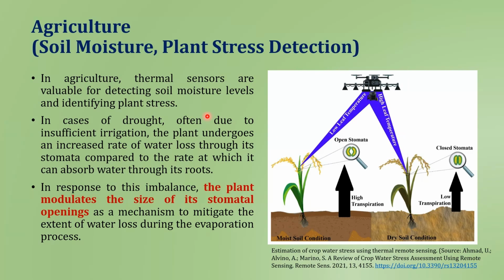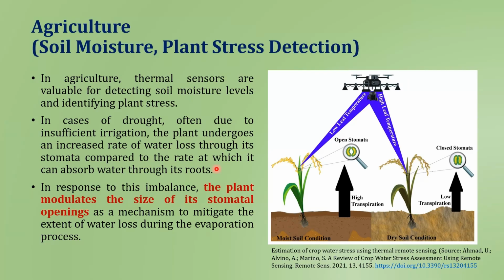So here it is mentioned that in case of drought or insufficient irrigation, when there is dry soil condition, the plant undergoes an increased rate of water loss through its stomata compared to the rate at which it can absorb water through its roots.